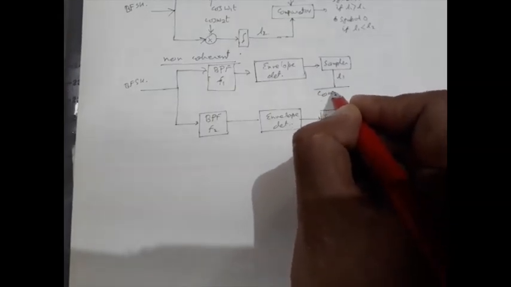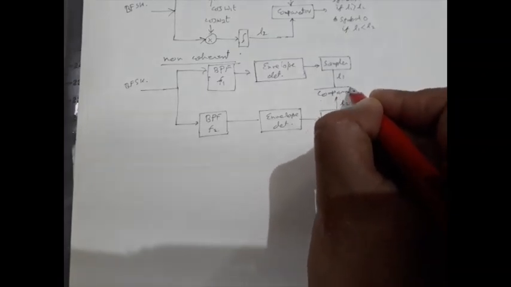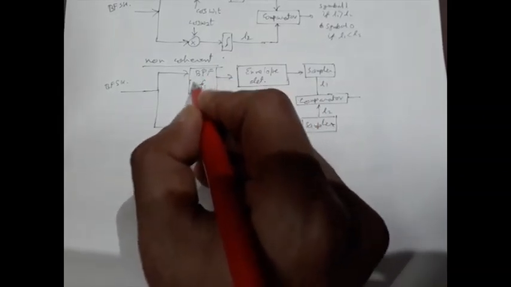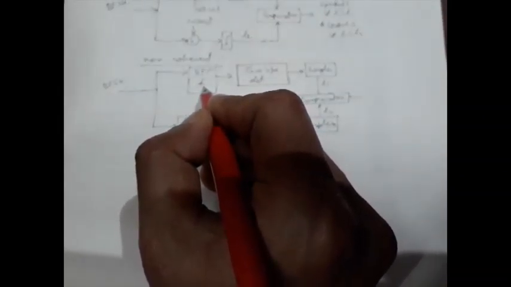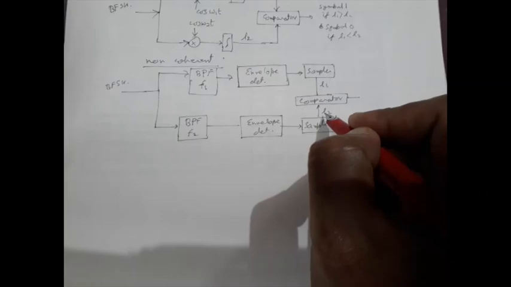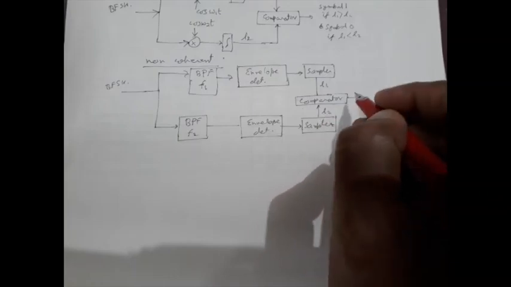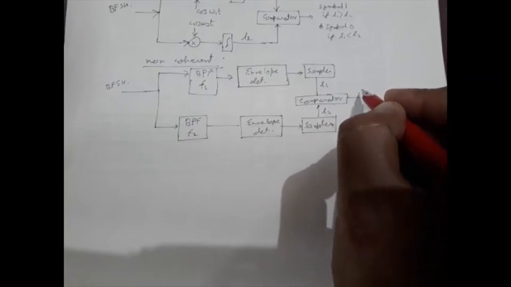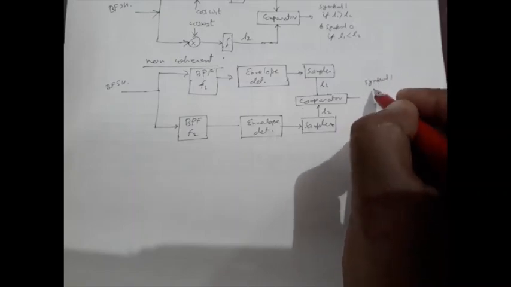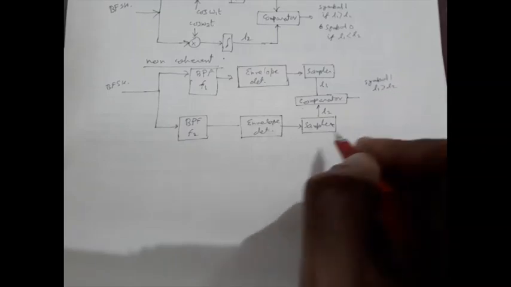So that will be compared with the help of a comparator. If it is logic 1, then obviously some carrier will be there at frequency F1, so L1 will have some finite value, but at that moment L2 will have some lower value. So because of that we will select symbol 1 for L1 greater than L2.